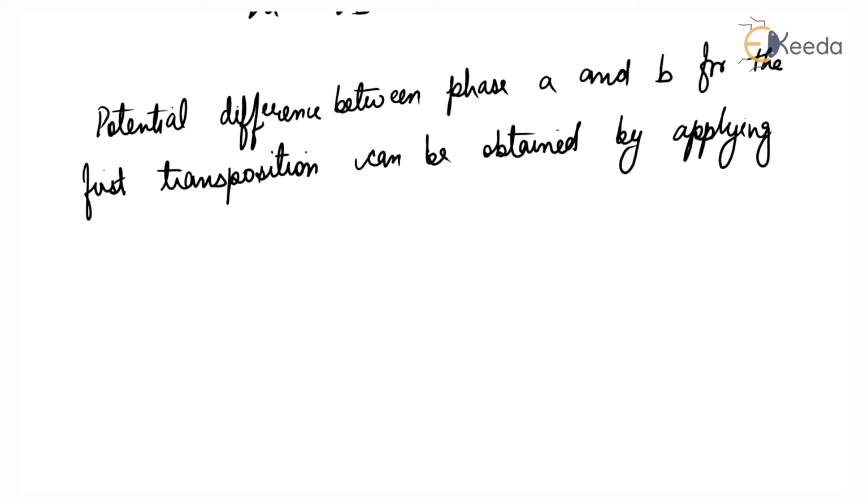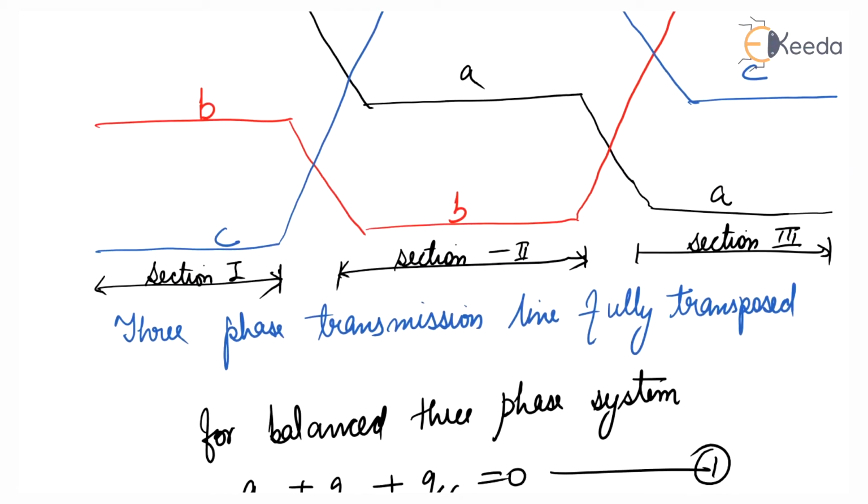We are applying the equation for VAB for section 1. This is not current; this is for section 1, means for section ABC.